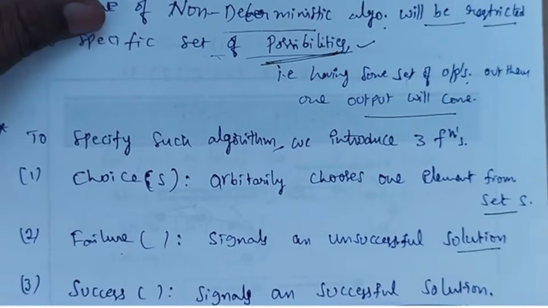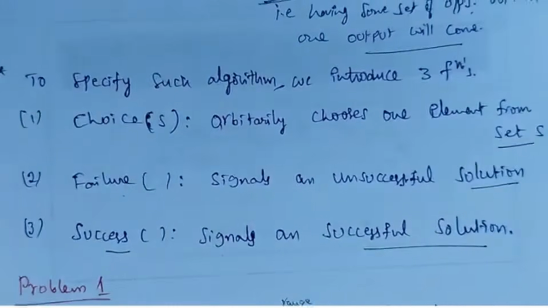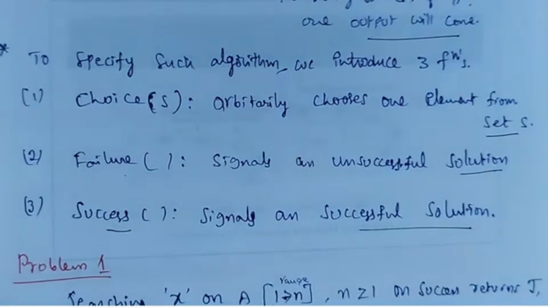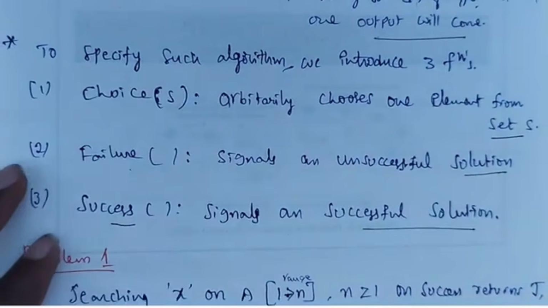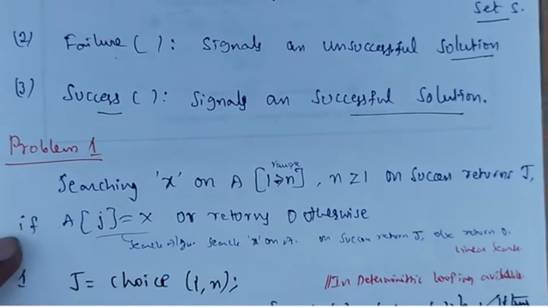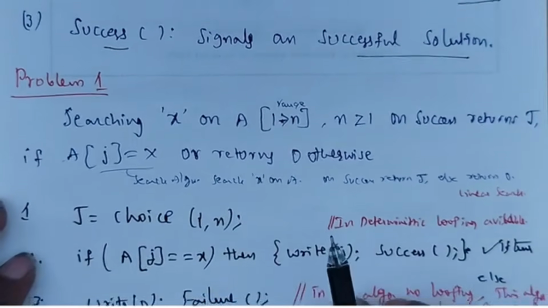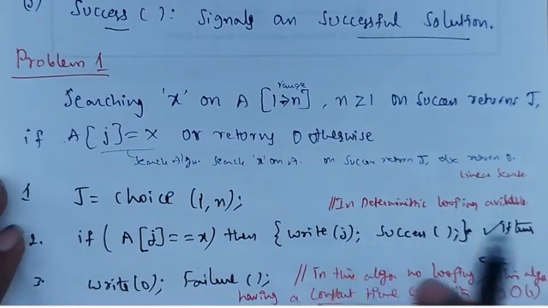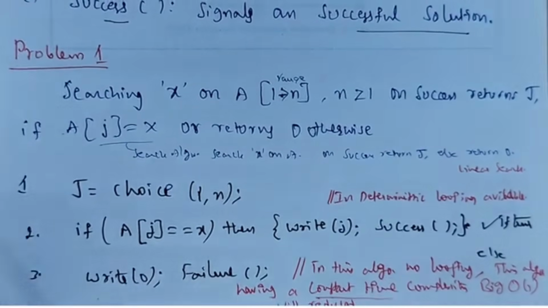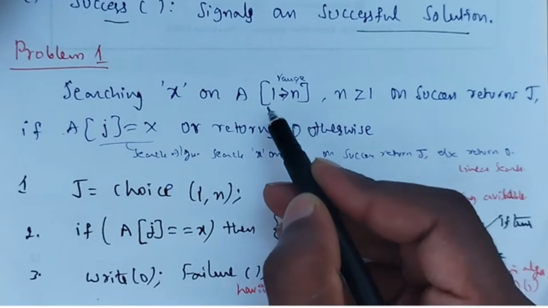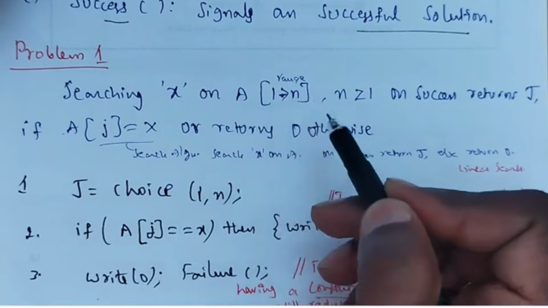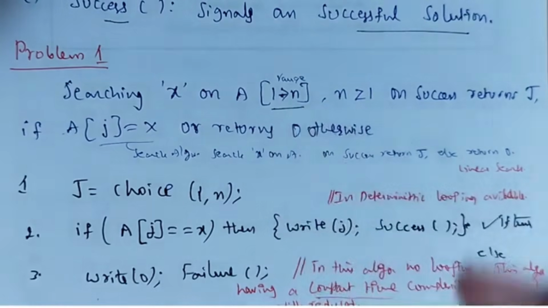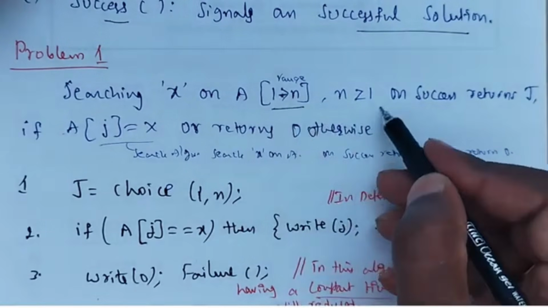Here we will see an example problem for a non-deterministic algorithm: searching. The example is searching for x in A of 1 to n, where n is greater than or equal to 1.